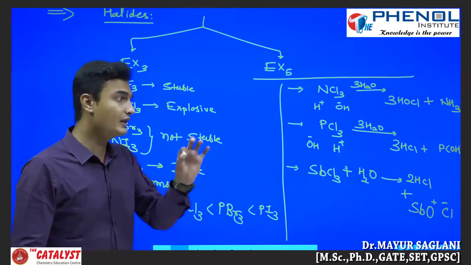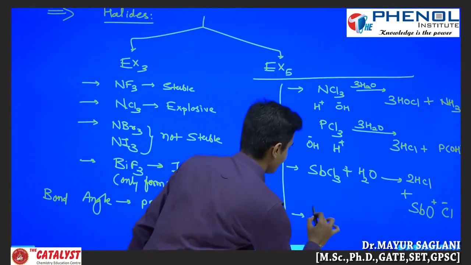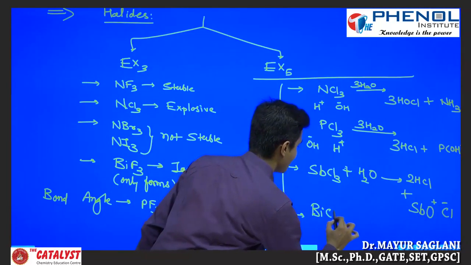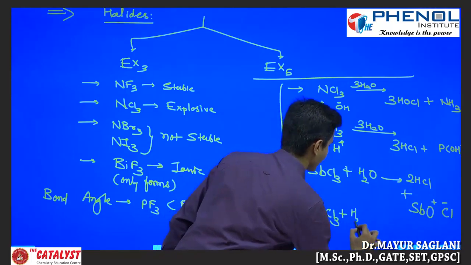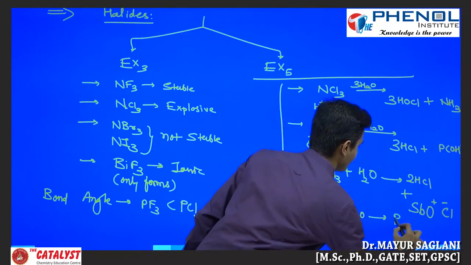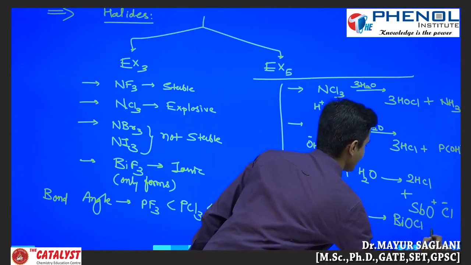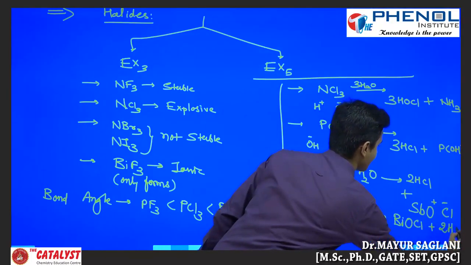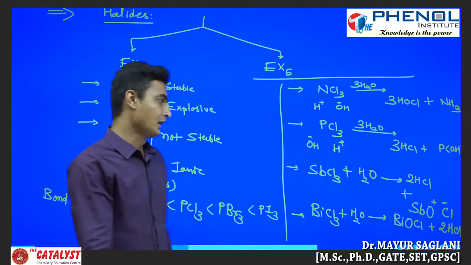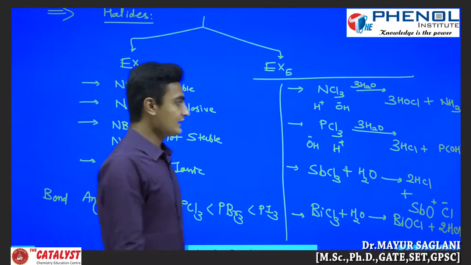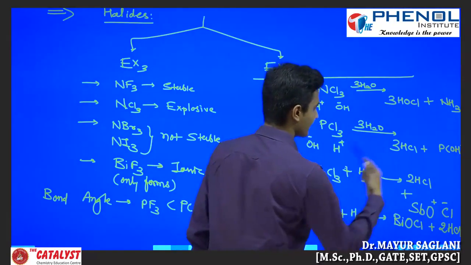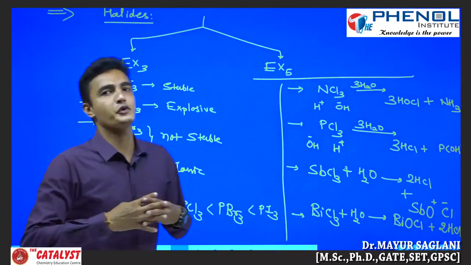And same with bismuth: if you hydrolyze BiCl3 with 1 mole of H2O, it will form BiOCl plus 2HCl. One more thing: this reaction is in equilibrium.